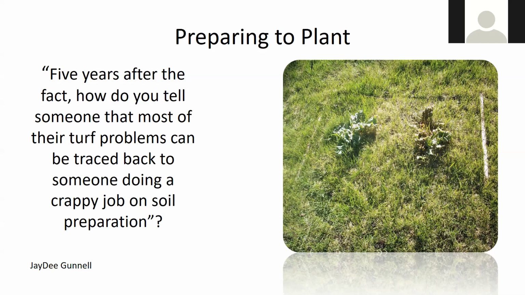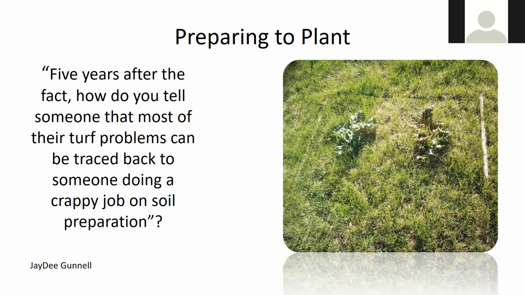And with this, when you first install your yard, a lot of times these lack of preparation problems won't show up for a number of years. It could be 5 to 10 years down the road before you actually see anything. So there was one situation where JD and I got roped into doing a favor for one of the vice presidents.